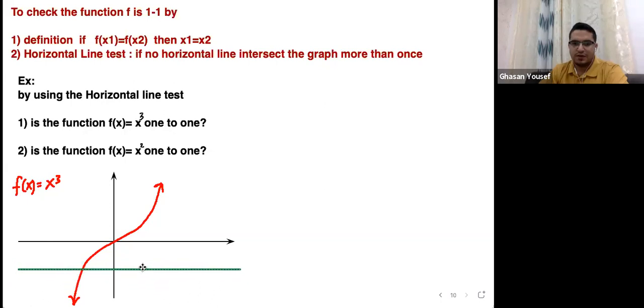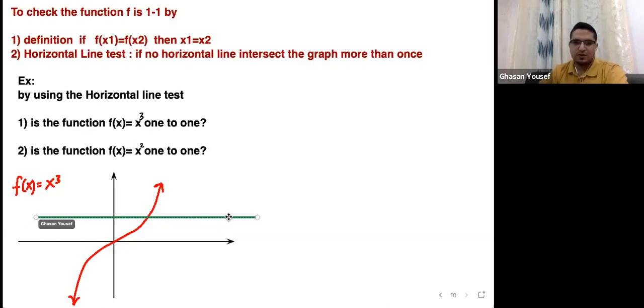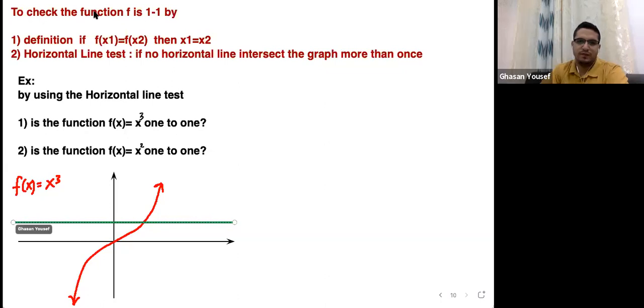Again, the horizontal line intersects the curve at only one point. So this means the function is one-to-one. It passes the horizontal line test.